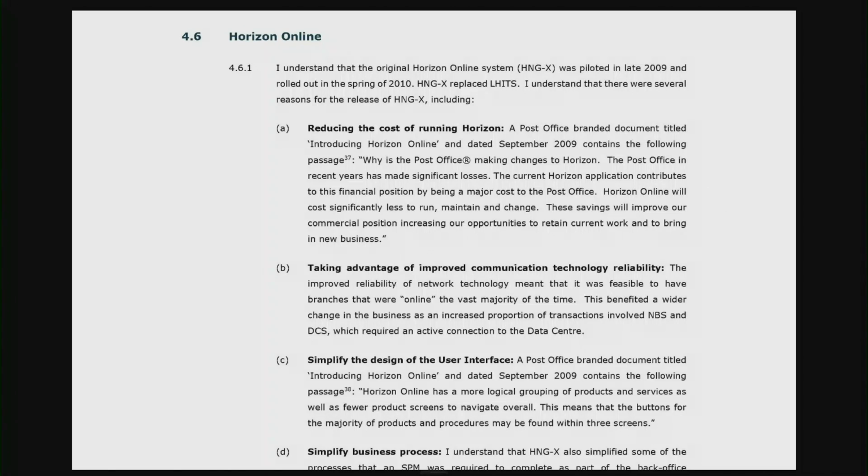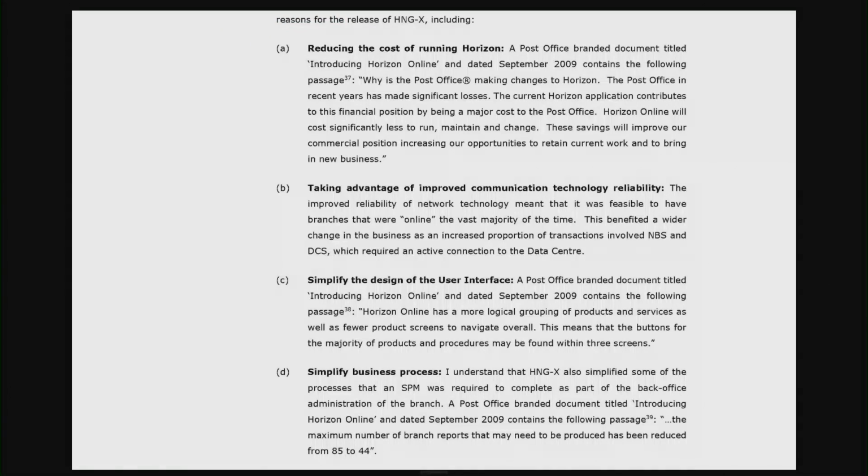And you kindly outline the reasons for the release of Horizon Online as you understand them from the documents. The first is reducing the cost of running Horizon. Can you explain that in a little more detail, please? Yes. I would imagine that the communications cost, or the inefficient communications infrastructure and all of the related hardware and redundancy that was required to support that old technology, was rather costly.